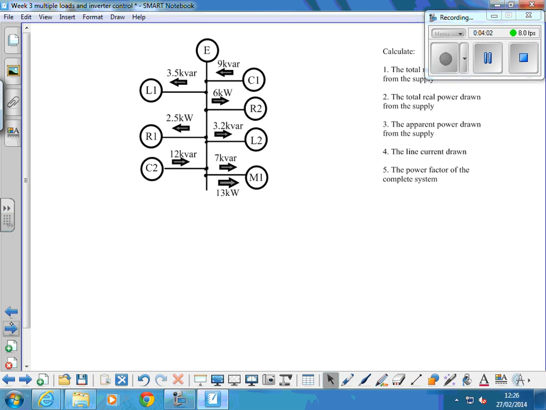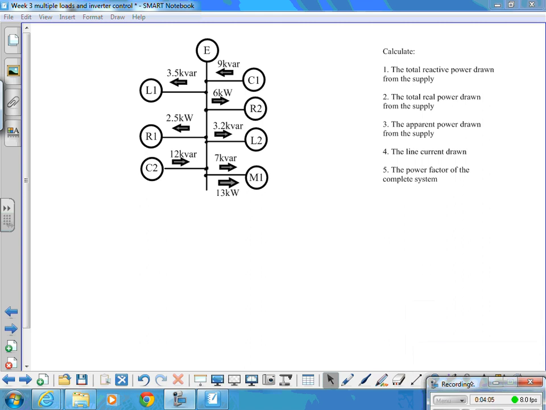Right, so we're going to have a look at doing that now, step by step. I'm going to calculate the total reactive power drawn from the supply.